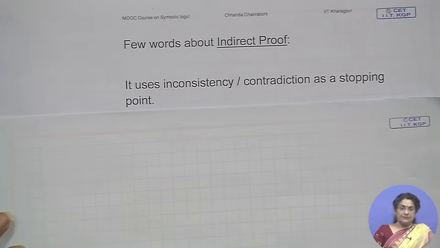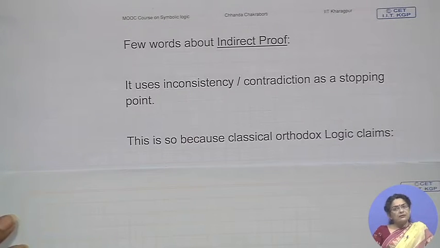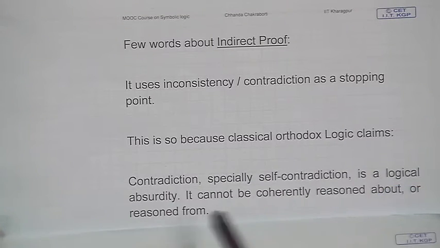Why do we have to stop when we have encountered a self contradiction? The answer is because that is the assumption of classical orthodox logic. It claims that self contradiction is a rather abominable, unacceptable and a logical undesirability.